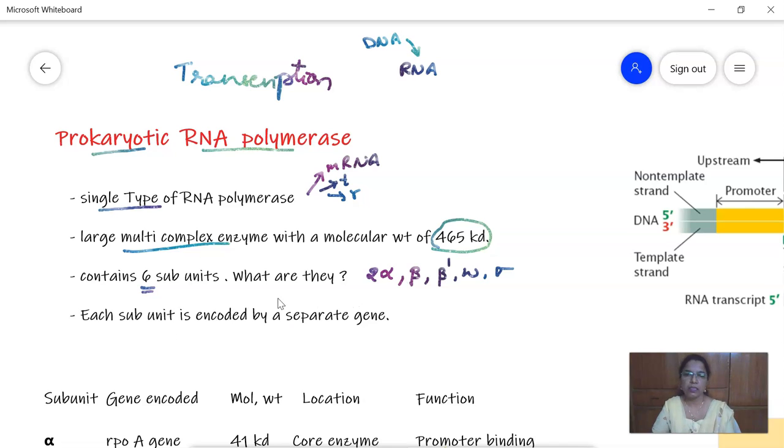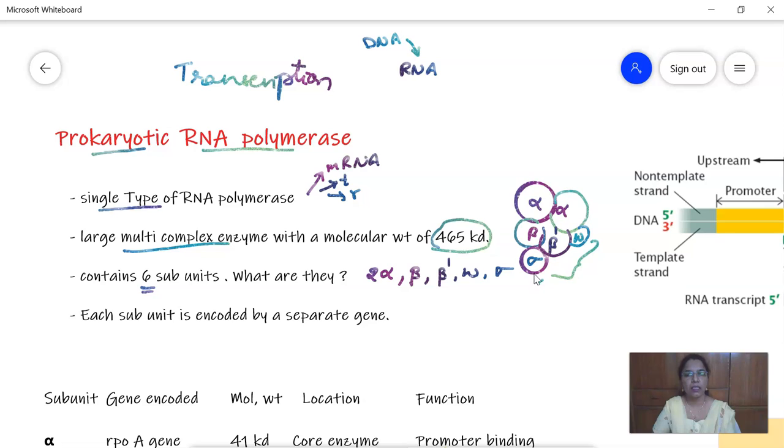Remember, there are 2 identical alpha subunits. Imagine these are alpha, this is beta, and this is beta prime. There is sigma and a small subunit omega. This is the large multi-complex enzyme.